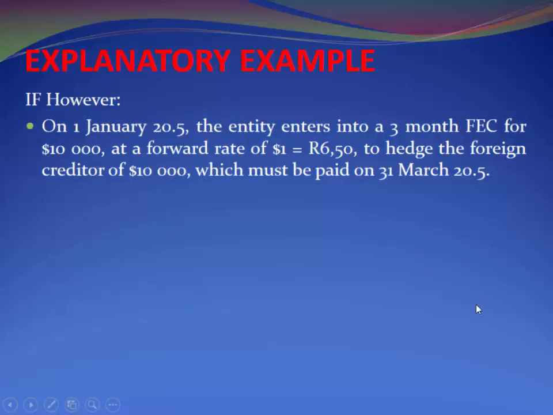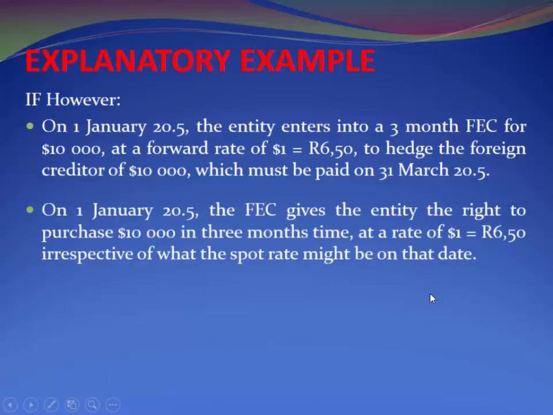However, if on 1 January 20.5 the entity enters into a 3-month FEC for $10,000 at a forward rate of 1 dollar equals 6 rand 50 to hedge the foreign creditor of 10,000, which must be paid on the 31st of March. What does this do?